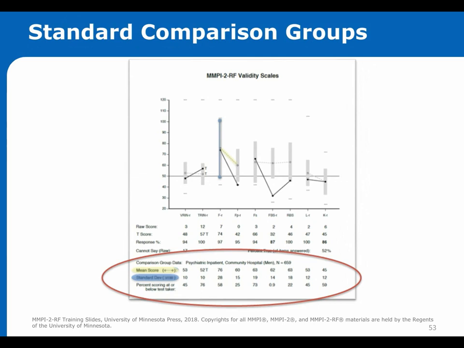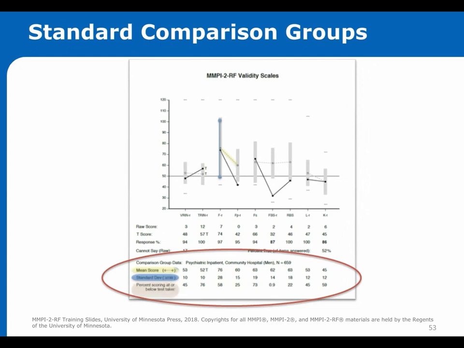The second piece of additional information that will be included is the standard deviation in both graphical and numeric formats. Numerically, this information is presented immediately below the comparison group mean. Graphically, this information appears as the shaded gray bars in the profile. These bars represent the range of scores occurring in the comparison group, 1 standard deviation above and below the comparison group mean.